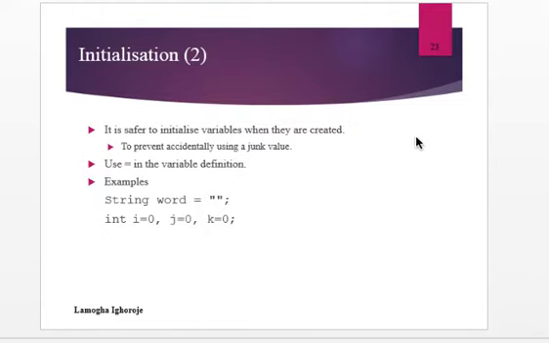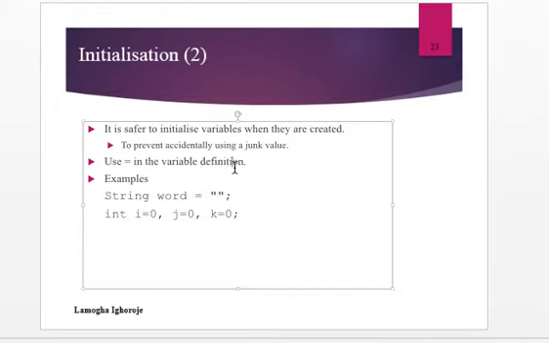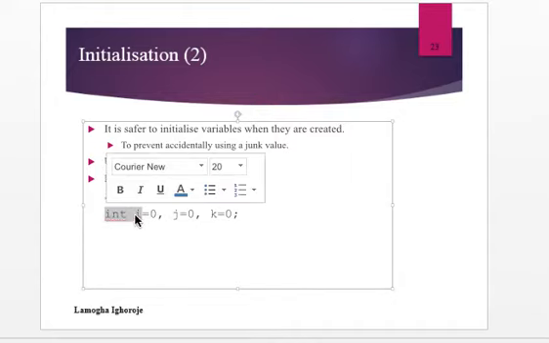Most times when you want to initialize your variables, you use an equal to sign in the variable definition. For example, you define a variable called int i. You're creating a box i, and you're saying it can only contain integer types.